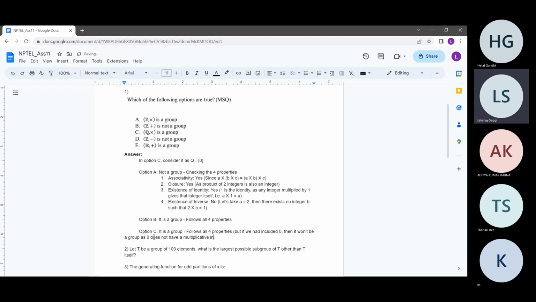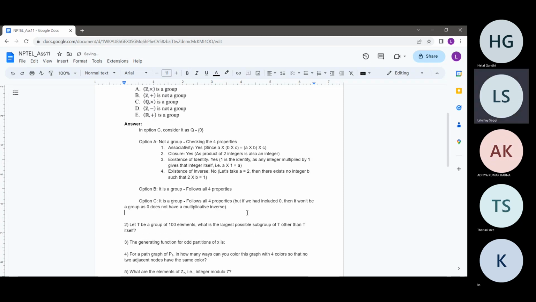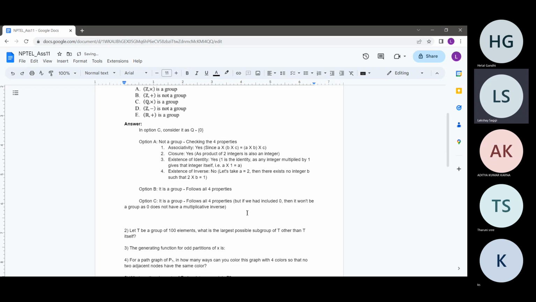So 0 times anything is 0 only, so you can't get any number such that 0 times that number is 1. So I hope this is clear to you. So option C is a group only when we take the field as Q minus 0.